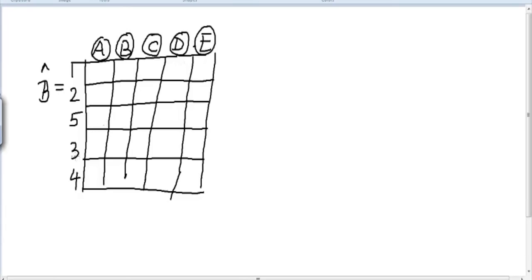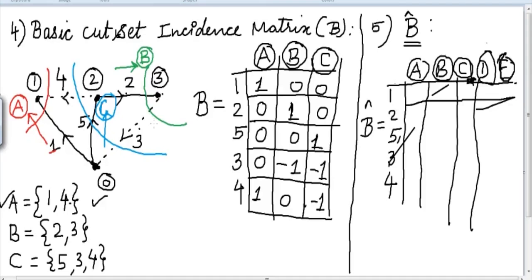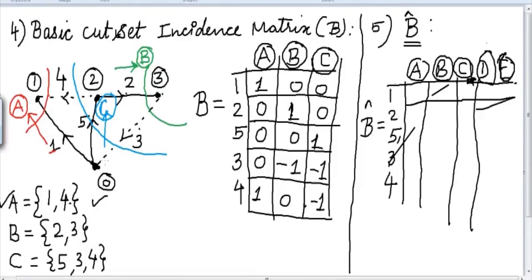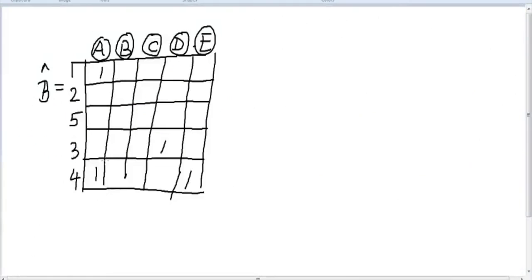For D, we will be giving 3 as the name, so 3 will become positive. And for E, we will be giving 4 as name, so 4 will become positive. Rest of the things we have to copy from our previous matrix. So previous matrix 1 and last is 1, so we will take 1 and last as 1. Rest all things are 0. Then here 2 and 3 is there, so 2 is 1 and 3 is -1.